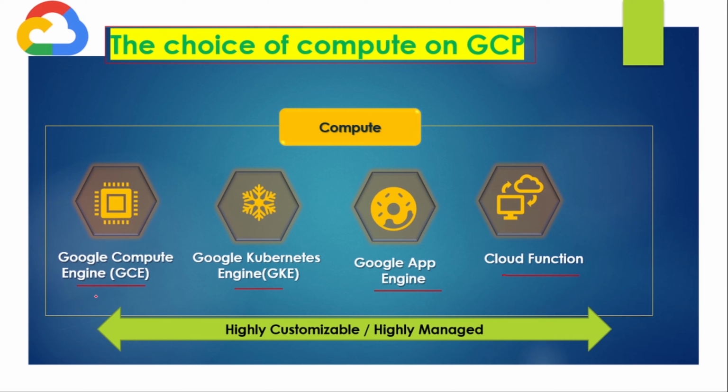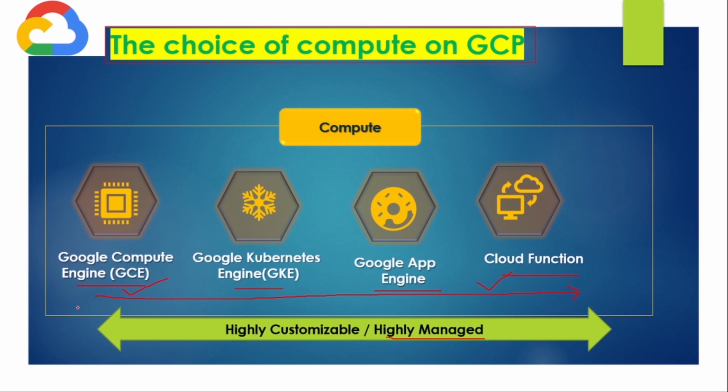So the idea here is that when you move from left to right, you go from a highly customizable environment to a highly managed environment. That means that if you choose GCE, you will have the option of customizing your application to a very large extent compared to Cloud Functions, right?